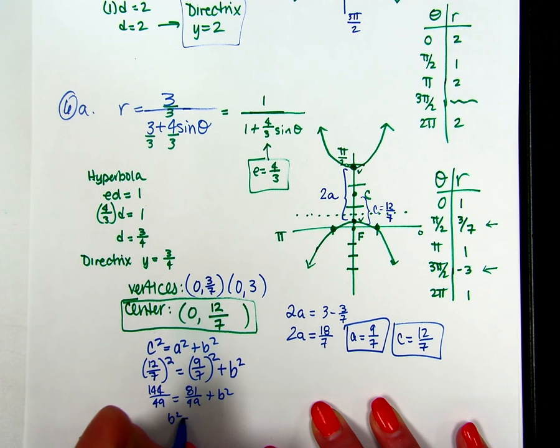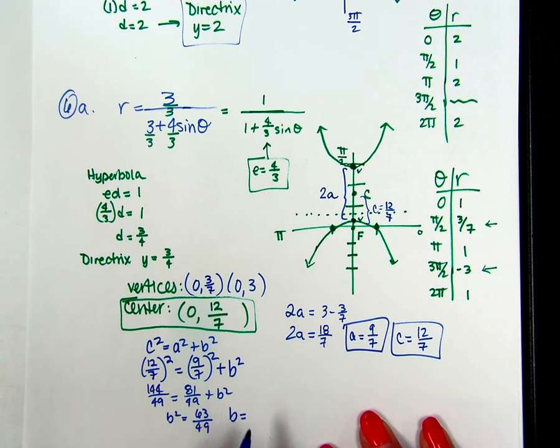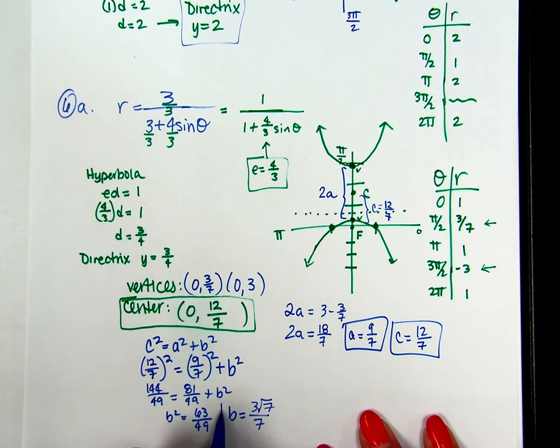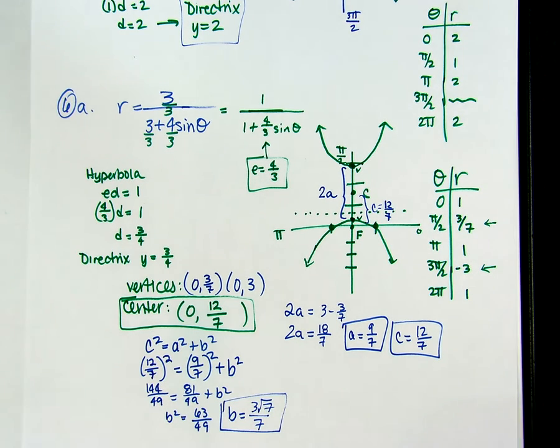So B squared equals 63/49. If I square root that, then B is equal to the square root of 63 over 7, so that is 3√7/7. All right, and then we've identified everything: eccentricity, center, A, B, and C. And we have a graph.